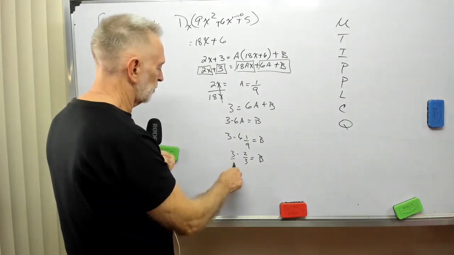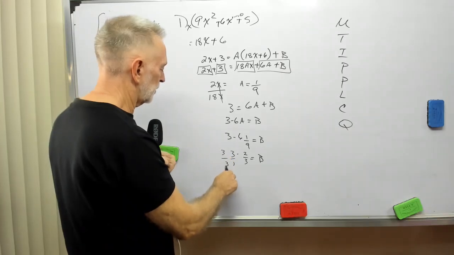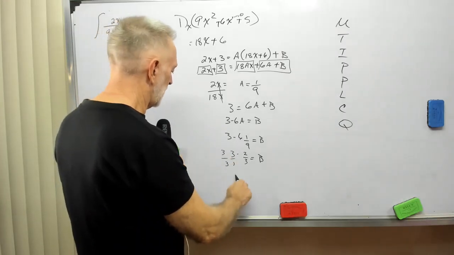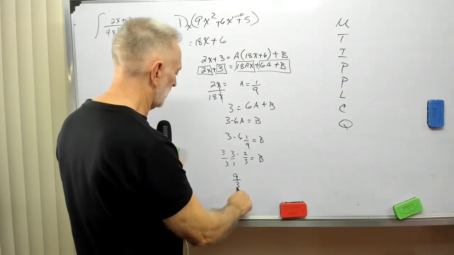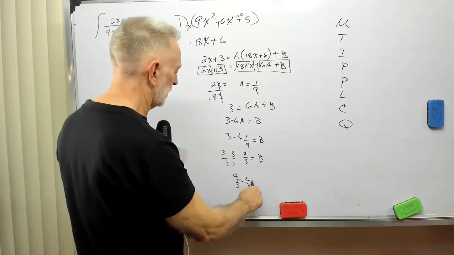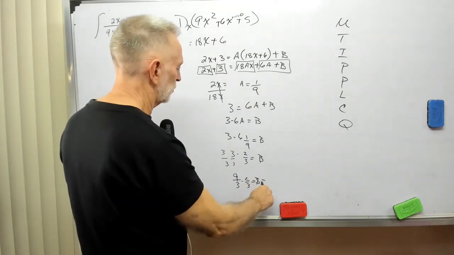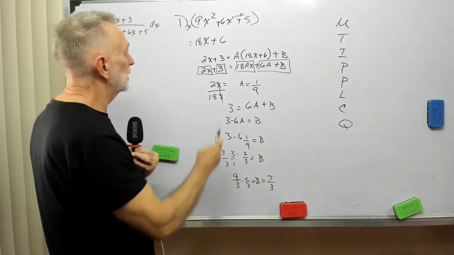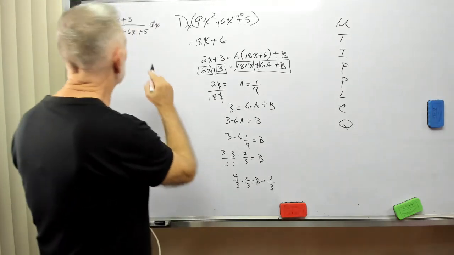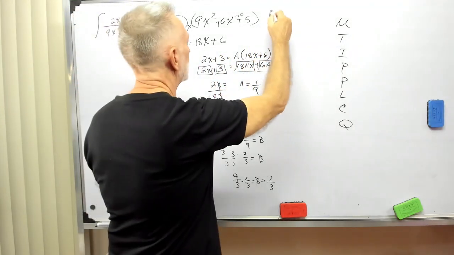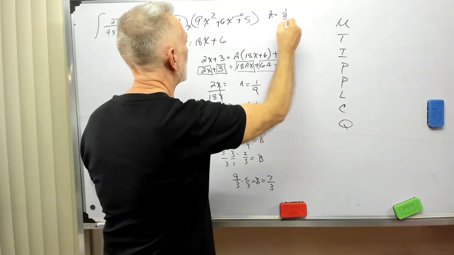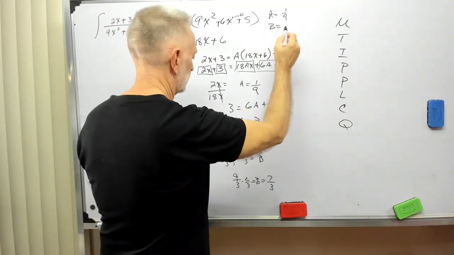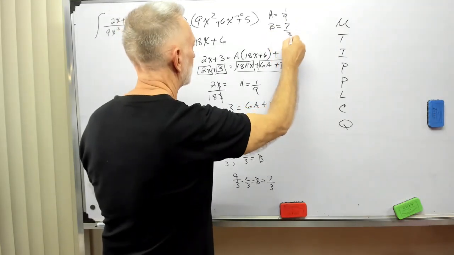This is 3 over 1, so I need to change it to thirds, so it's 9 over 3 minus 2 over 3 equals b. So b equals 7/3. Okay? So a equals 1 over 9. B equals 7 over 3.